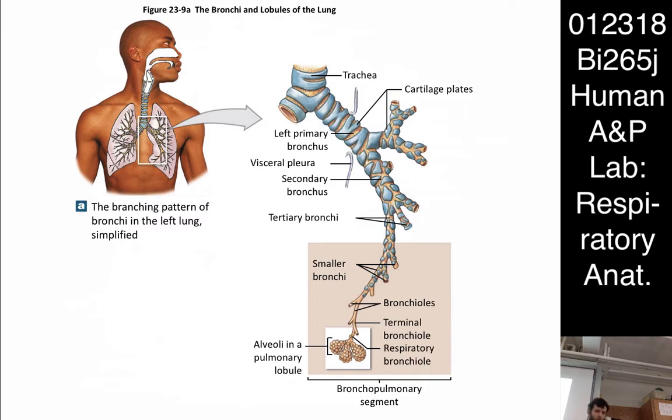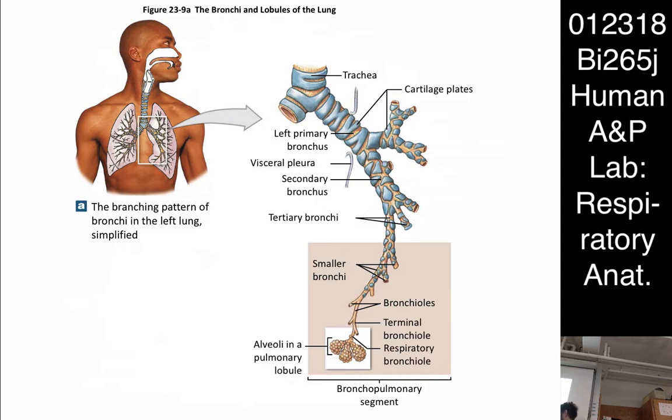We call it terminal because you'd imagine it's the last bronchiole on the chain, but there's one further down that we call a respiratory bronchiole. A terminal bronchiole is not called a respiratory bronchiole because there's no gas exchange there. It's the last structure where you're not getting gas exchange.